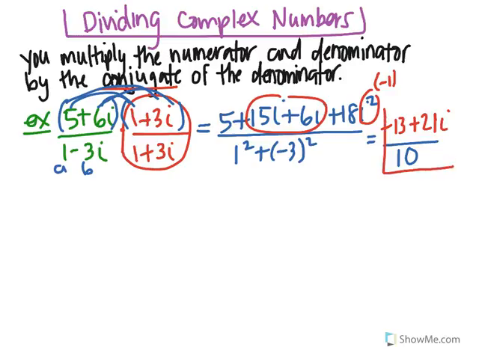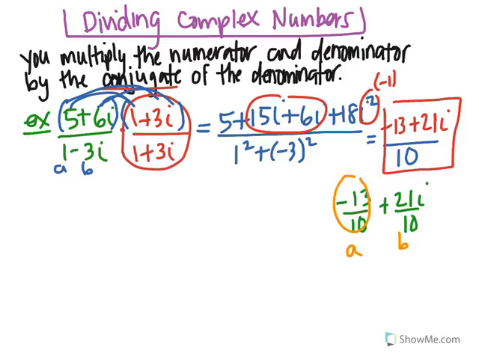So you can leave the whole answer over 10, or sometimes the book actually separates the real part and the imaginary part. So they'll write it as -13 plus 21i over 10, just so you can identify the real part and the imaginary part. This would be the real, and then the 21/10 would be the imaginary part.